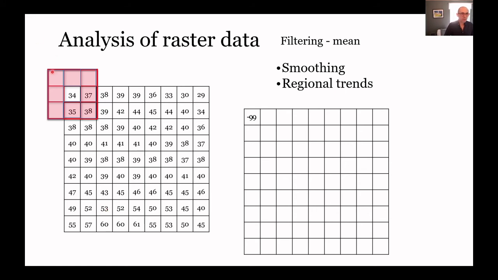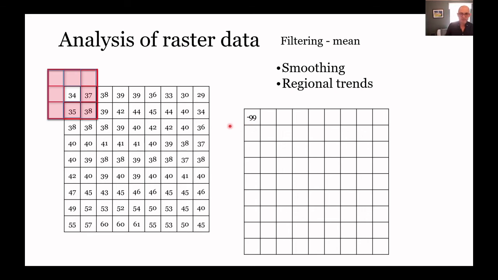This is our window, the kernel, the neighborhood that we're going to move over this raster. At the moment, our window is over this top left-hand corner. And I've put in here what I'm going to call a no data value, simply because I would rather actually put in -9999 there, but we don't have room in the cells.